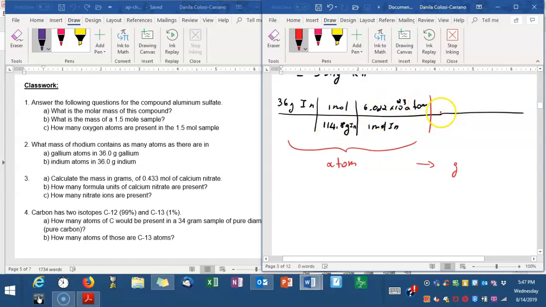So there are 6.022 times 10 to the 23rd atoms of, what did I want this time, of still rhodium, in 1 mole. And we have to still multiply here.